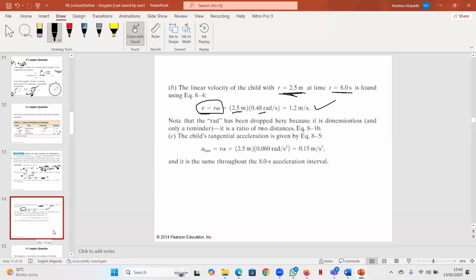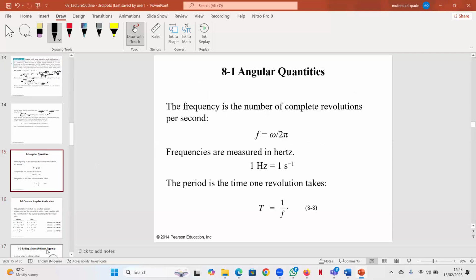So the linear velocity and the angular velocity are related by V is equal to r omega. Now, in order to calculate the frequency, if we remember from our oscillations, omega is equal to 2 pi f.